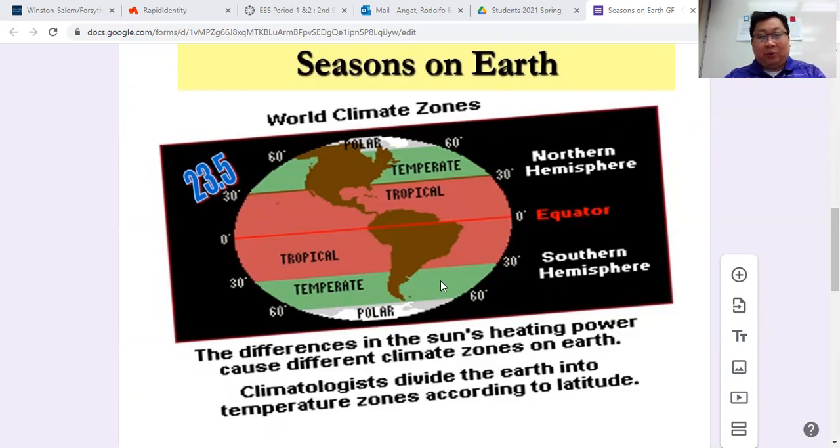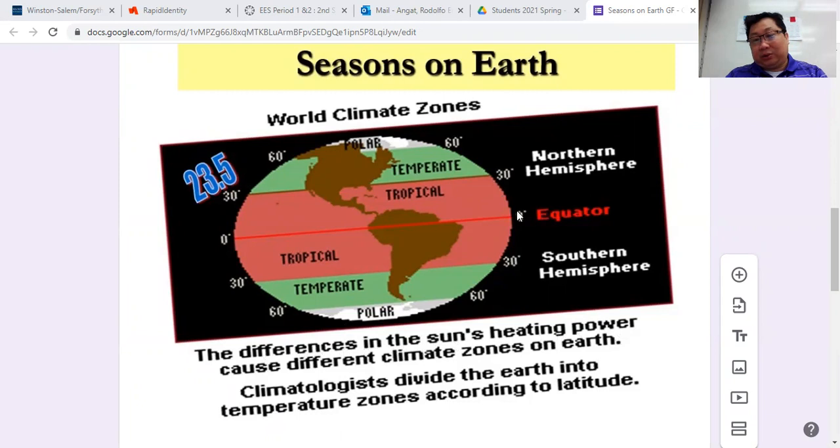Now, the reason why we have differences in the sun's heating power is not because the sun does not give us all the same sunlight. That's not the reason. The reason why we receive different sun's heating power in different regions on Earth is again because the Earth is tilted on its axis.